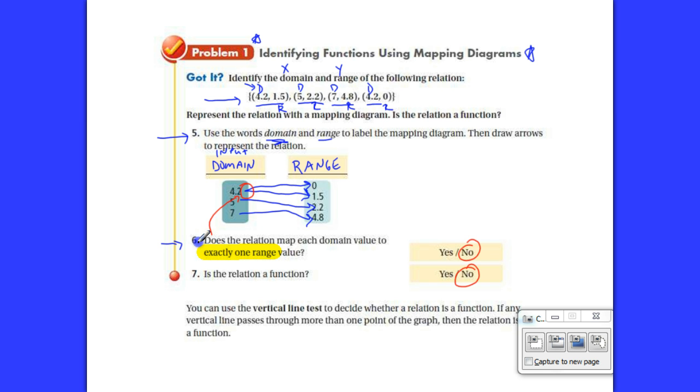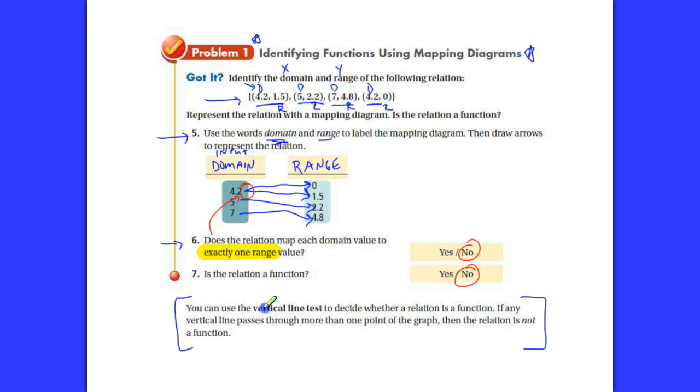Okay, and that's what 6 is asking, and 7. If it were a function, you wouldn't have the domain having double arrows coming out of it there. Okay, so that's one way to determine if something is a function, but there's another one that I like because it's more visual called the vertical line test.